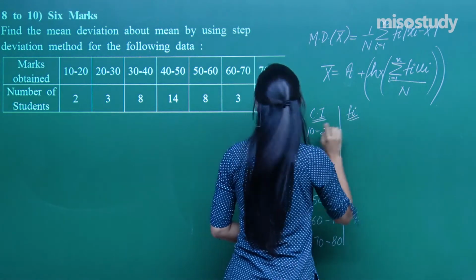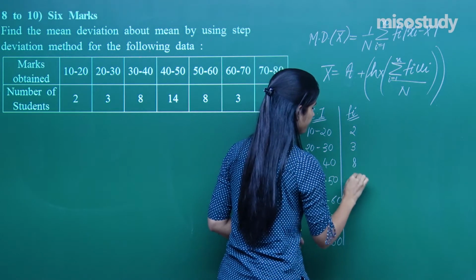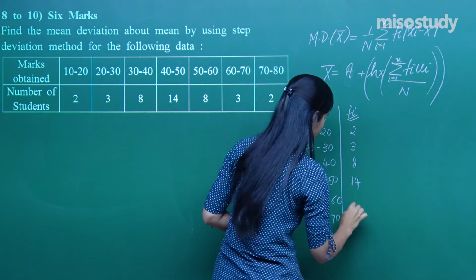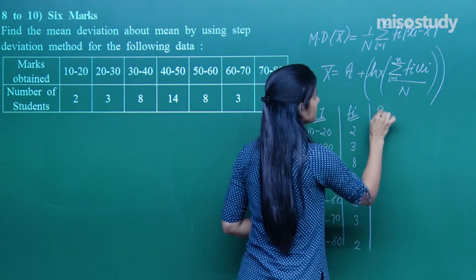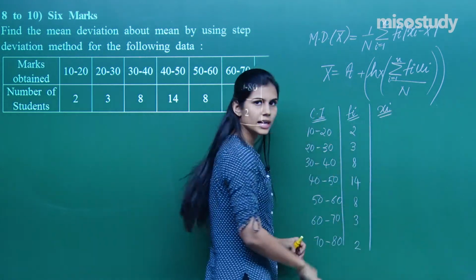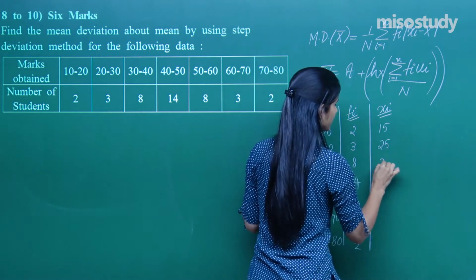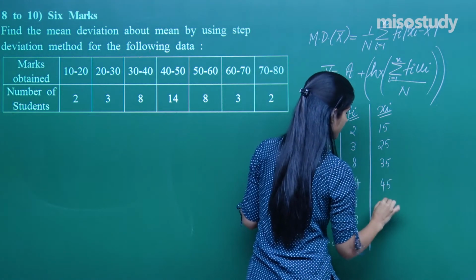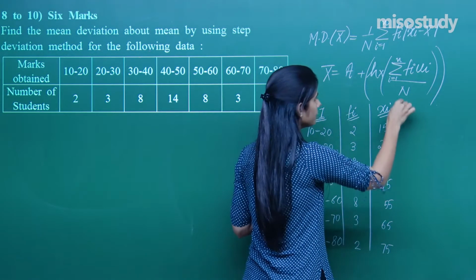Fi's correspondingly are given to me as 2, 3, 8, 14, 8, 3, 2. I evaluate xi's first, which are mid values of the class intervals. Here it is 15, then 25, 35, 45, 55, 65, 75.